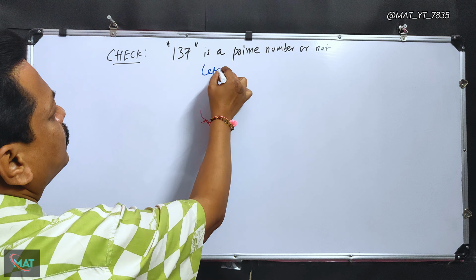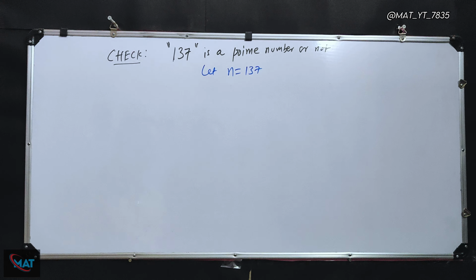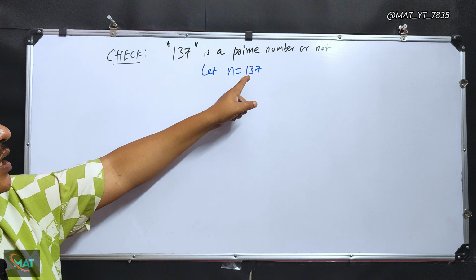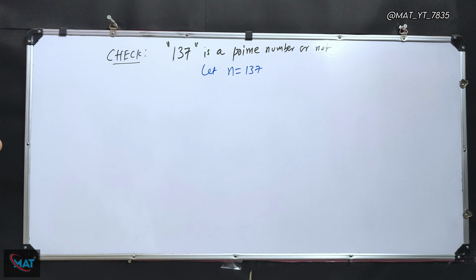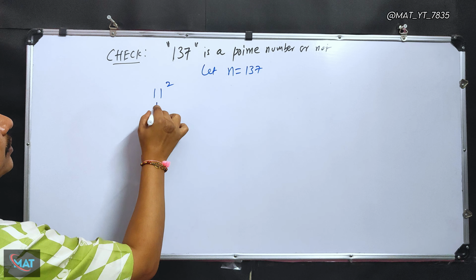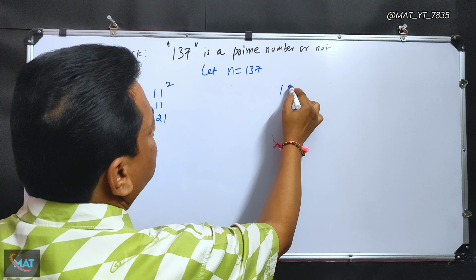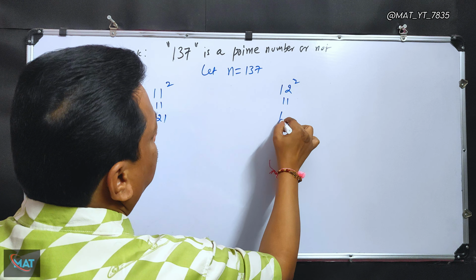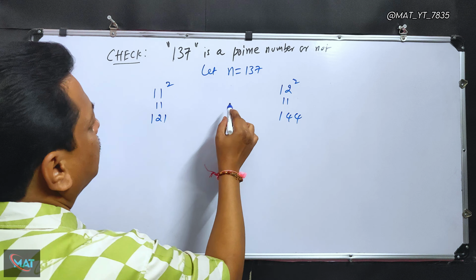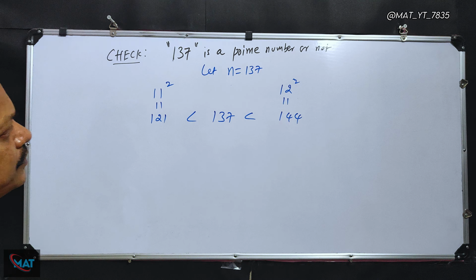Let n equal 137. 10 square is 100, 11 square is 121, 12 square is 144, which exceeds. So 11 square is 121, and the next consecutive is 12 square, which is 144. You see this number 137 lies between these two squares.